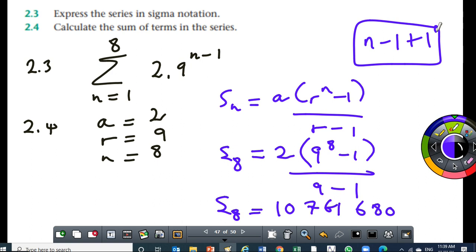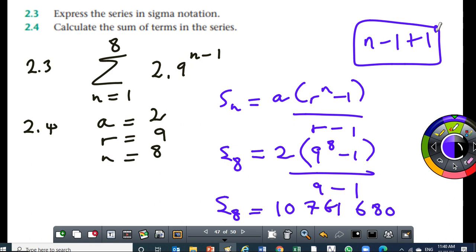Don't complicate things. If the question is saying calculate the sum of the series, use the formula of the series that I derived in class. The Sn formula. Those are the ones that you're supposed to use. Don't try to do it manually because some of the series can have lots of digits, and you can end up having major problems.